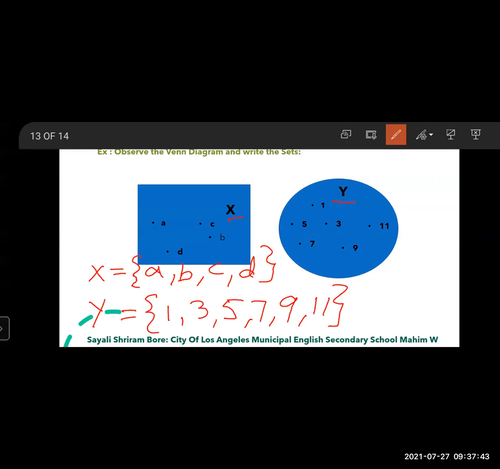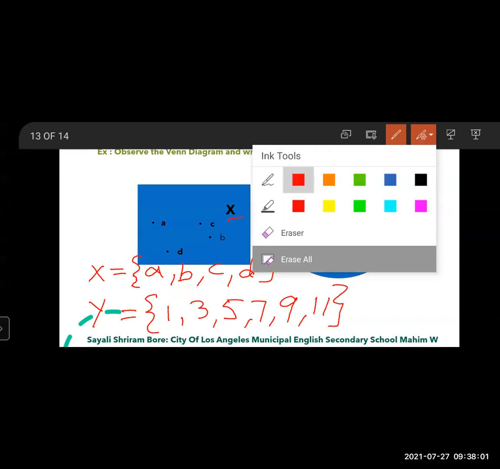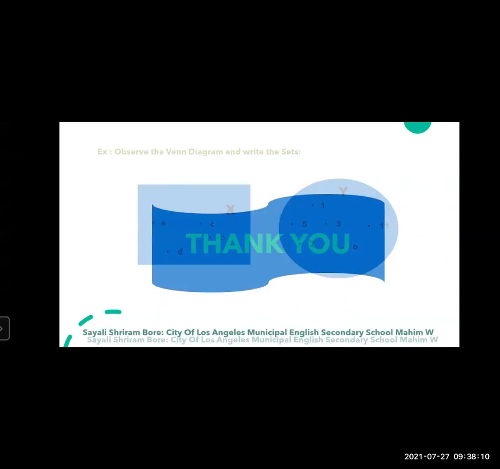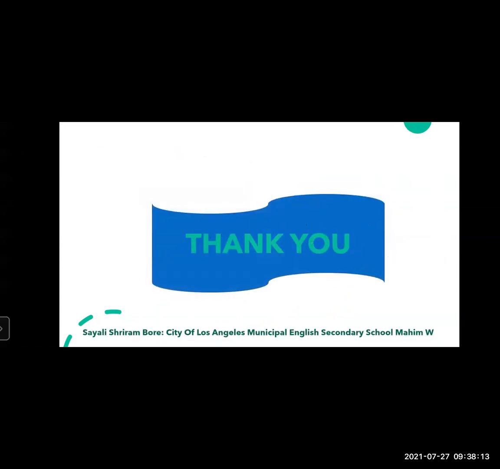So this is the magic of the Venn diagram. When a Venn diagram is given, it is very easy and very useful to write the set. This is how the Venn diagram is used when sets are given. It is easy for us to note down the elements given in any particular set.